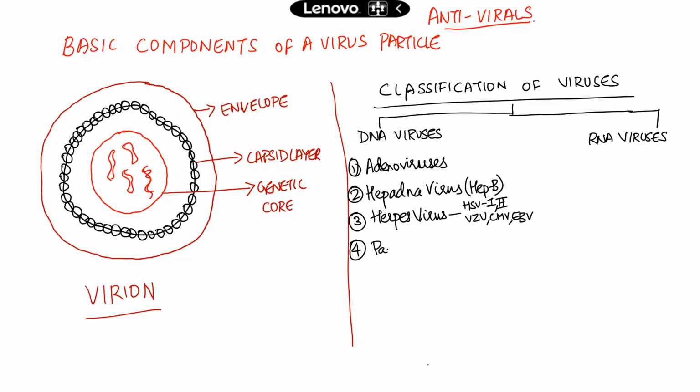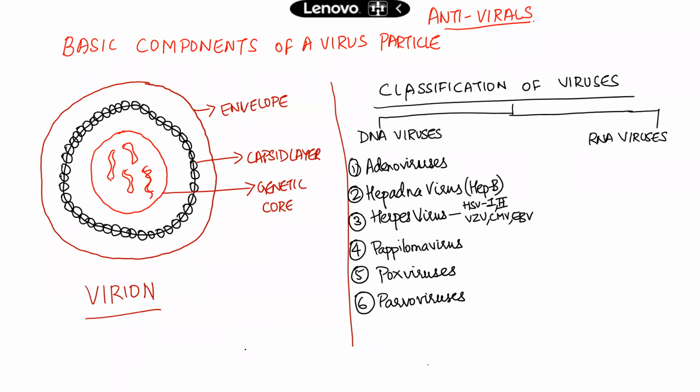Papilloma virus usually causes warts in human beings. Then lastly, we have pox viruses, as the name itself suggests. It causes smallpox, but this has been eradicated. And sixth, we have parvoviruses. Not that important, but if you want to know, they cause erythema infectiosum.